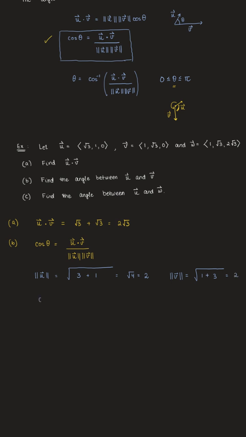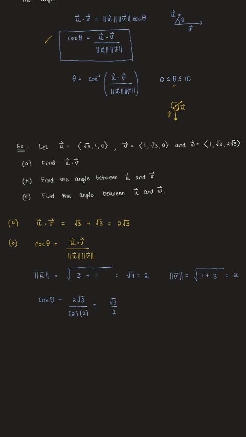So we're ready to figure out what the cosine of theta will be. The dot product of u and v was 2 root 3 from part A. And we're dividing by the magnitude of u, which is 2, times the magnitude of v, also 2. So this gives us the square root of 3 over 2.